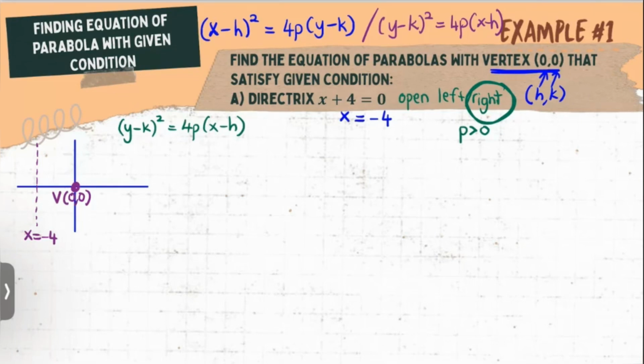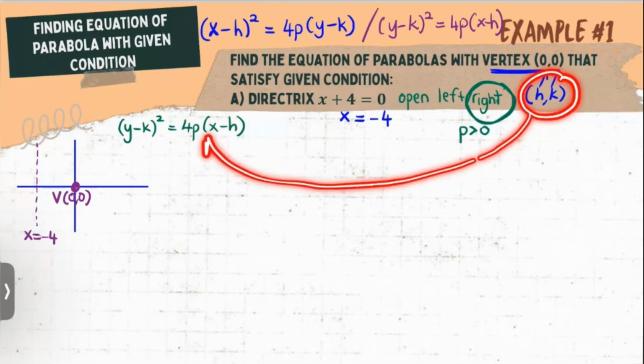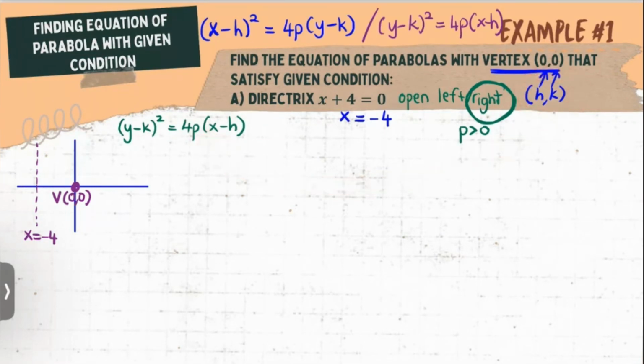So therefore, saya masukkan dahulu vertex 0, 0 dekat dalam this standard equations. So saya ada y tolak kosong squared equals to 4p x tolak kosong. So I have y squared equals to 4px.